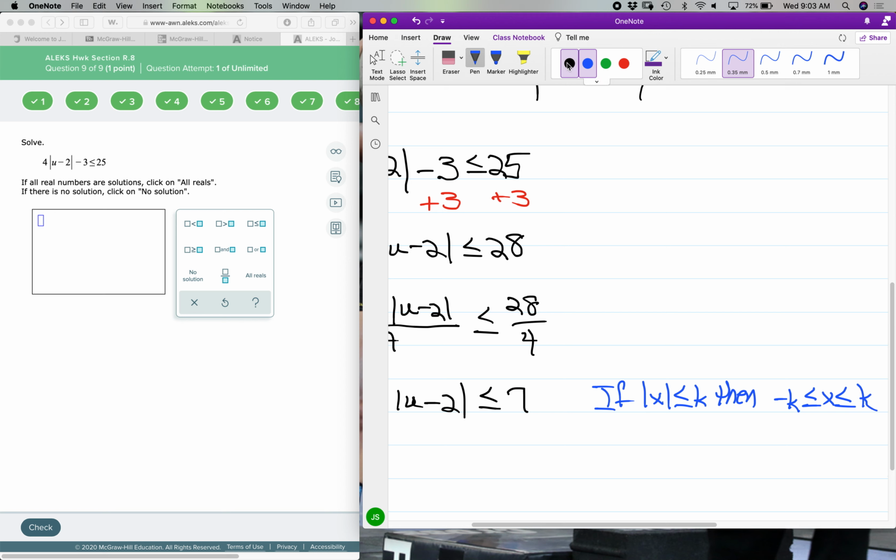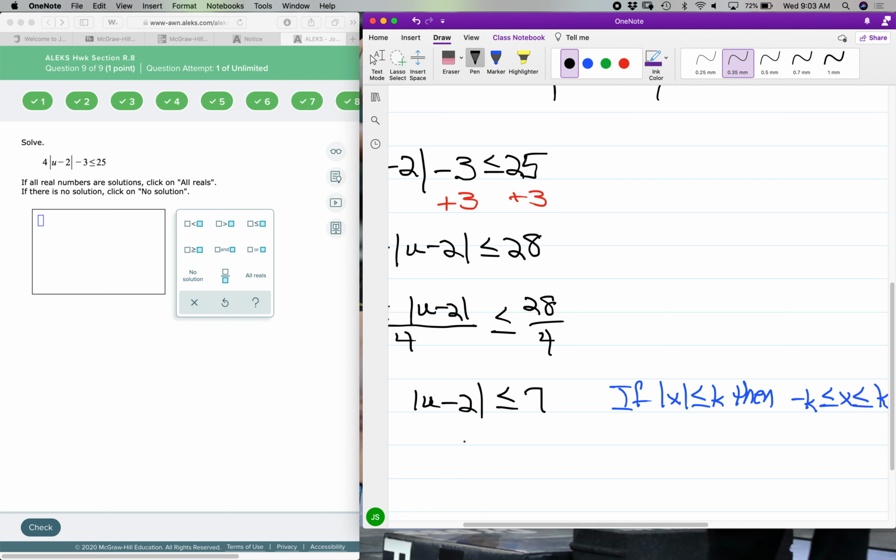So for u minus 2, once we take out the absolute value notation, with k represented by 7, writing as a compound inequality we have negative 7 is less than or equal to u minus 2, which in turn is less than or equal to 7.